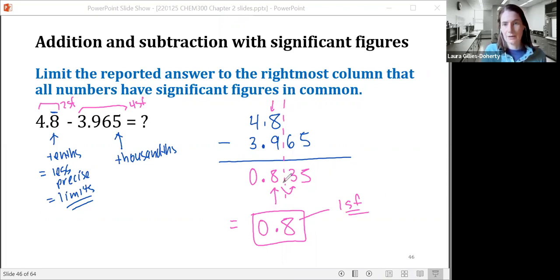And so you can line them up for addition and subtraction, or if you're good with remembering tenths, hundredths, thousandths, 10,000ths and what those mean, like how many spots over they are, you can just remind yourself tenths place, thousandths place, hundreds place, and then recognize that the tenths place is the least to the right, and that's going to be what limits it.